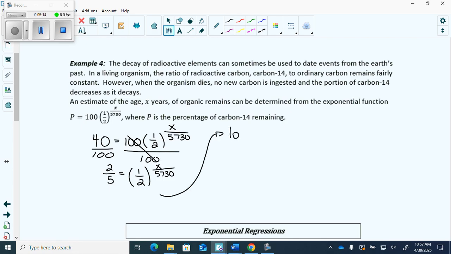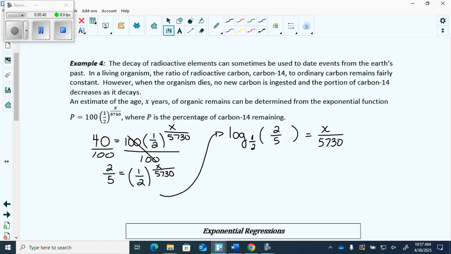So we get log base what? 1/2, because the base of my exponent becomes the base of my log. So I get log base 1/2. What goes beside it? 2/5, because what's friends doesn't stay friends. And it equals x over 5,730.